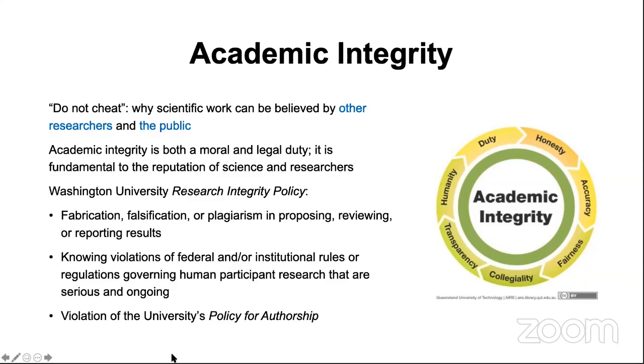And lastly, we want to prevent violations of the policy of authorship. Simply, because science is a collaborative project, it is very likely for a given research article to have several authors.